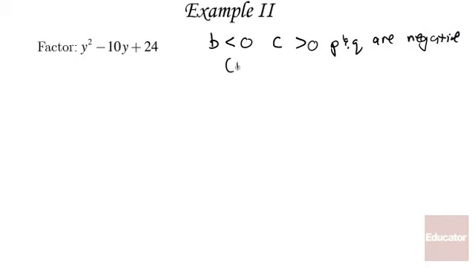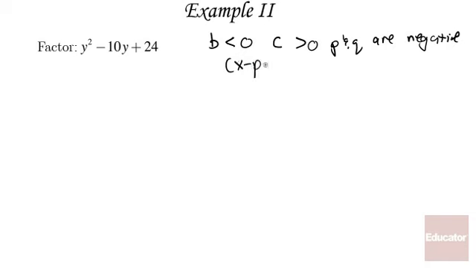Okay, looking at a second example, taking the same approach. Looking at this one though, I first see that B in this case is actually less than 0 and C is greater than 0. So what this tells me is that P and Q are negative. This is going to factor into this form.